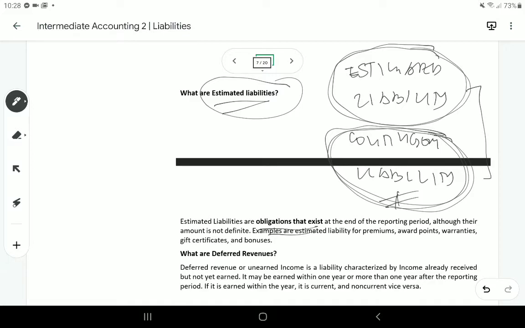May posibilidad. Depende if mangyayari talaga yung certain event. Now, example of a contingent liability. What if ang entity is mayroong ongoing case? So, the case, example lang, if matalo yung company, there is a requirement for the company to pay damages and everything.